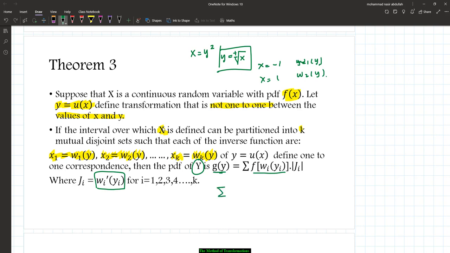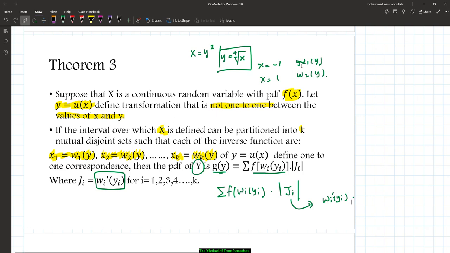So the formula will look like this: f(wi(y)) multiplied by Ji. So Ji should be equal to wi', the first derivative of wi.